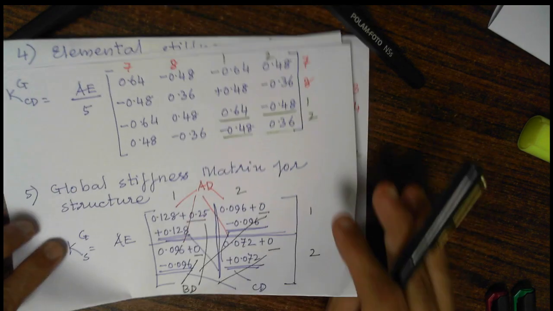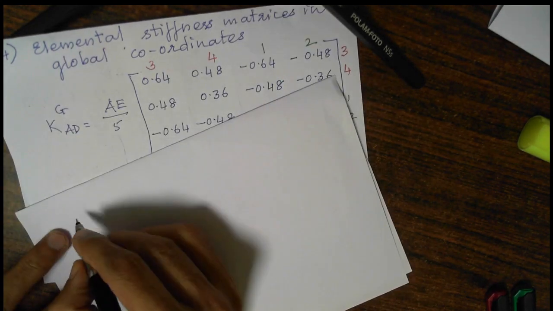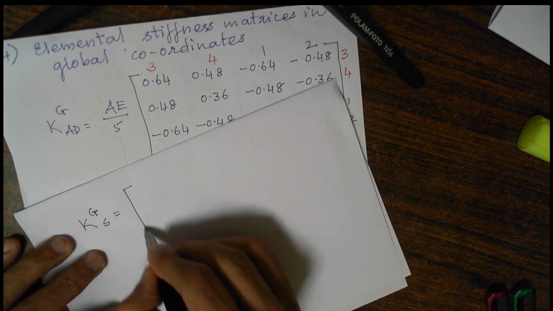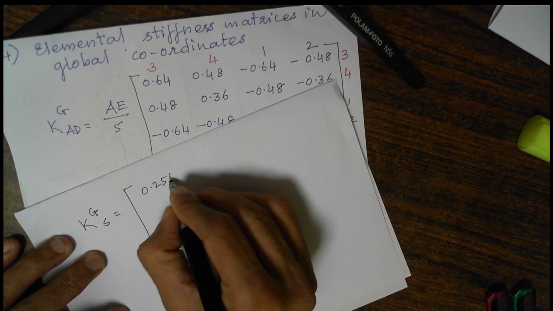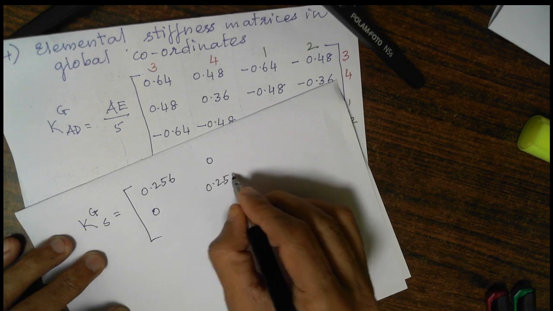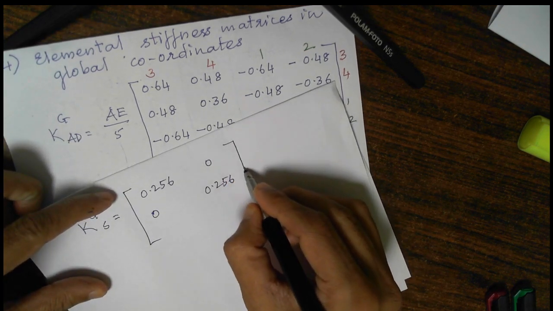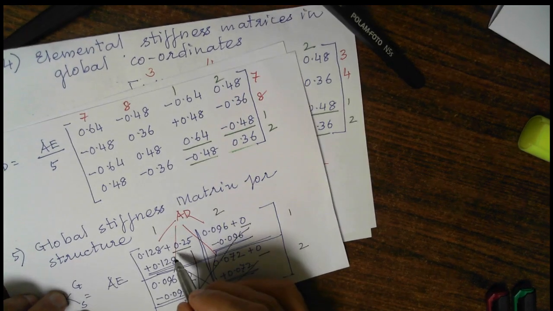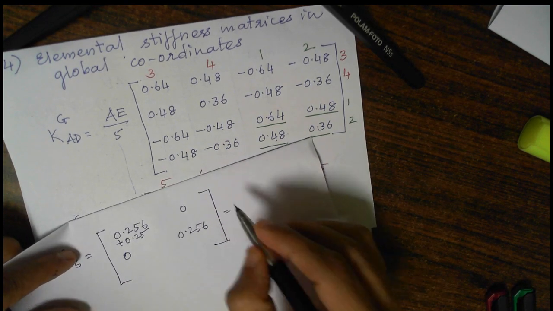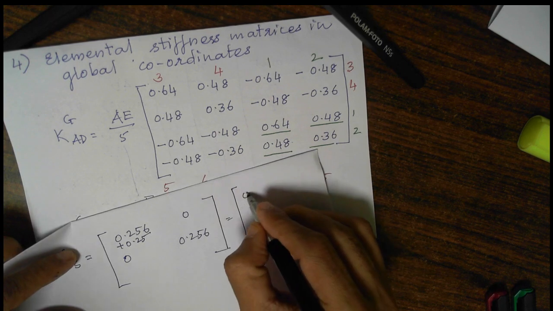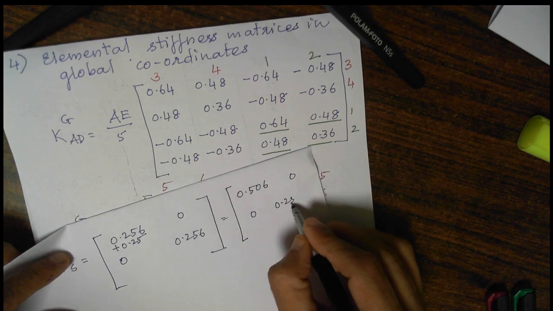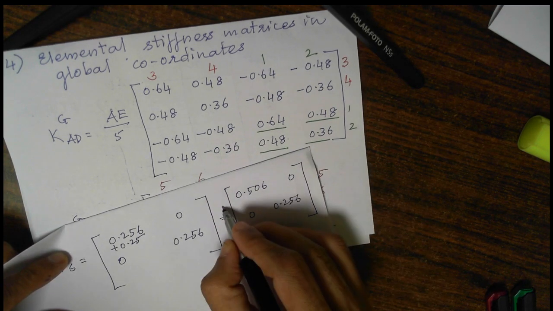Now let me simplify. This is for your explanation. K global in structural terms is equal to 0.256 plus 0.25, that comes out to be 0.506, then 0, 0, and 0.256.